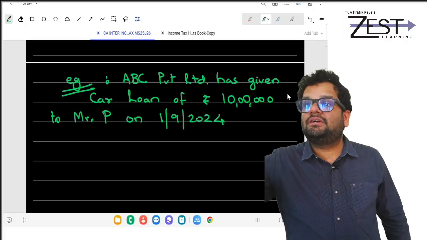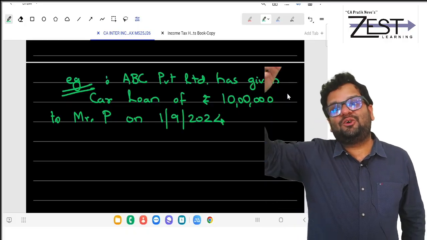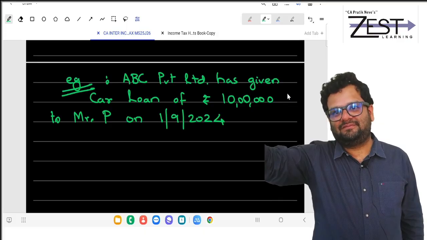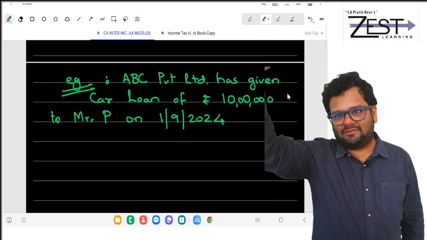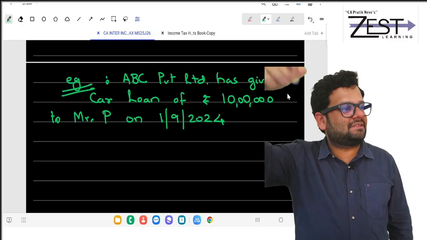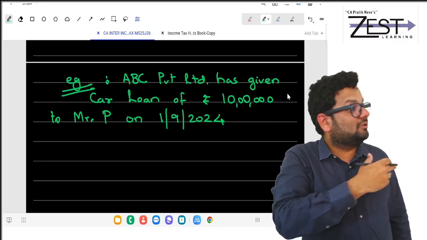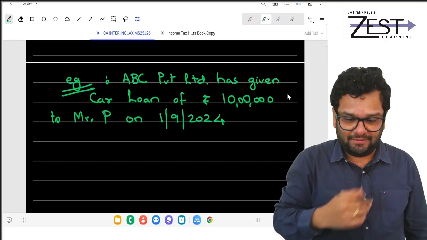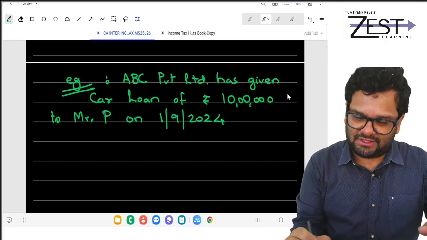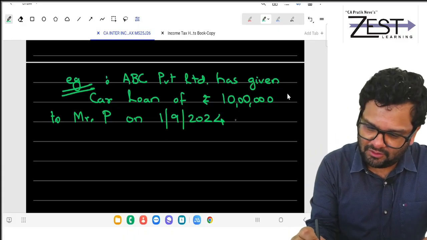That means during the year. Mind you, a loan can be outstanding also from last year, like an opening balance of last year. It can happen, but this loan is fresh. When is it given? 1st September 2024.